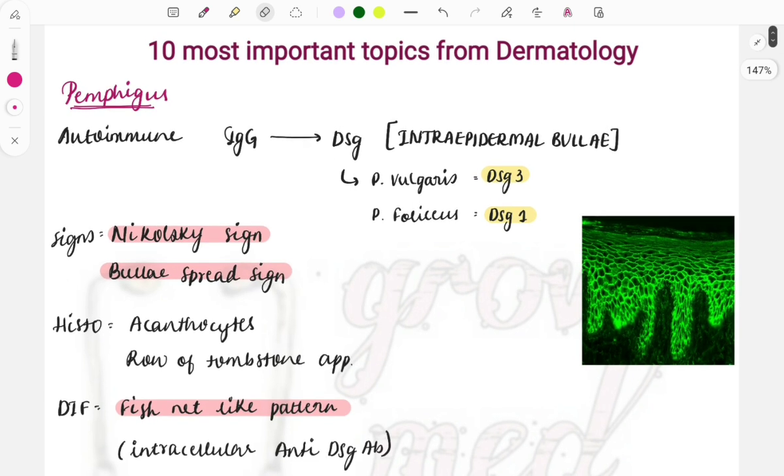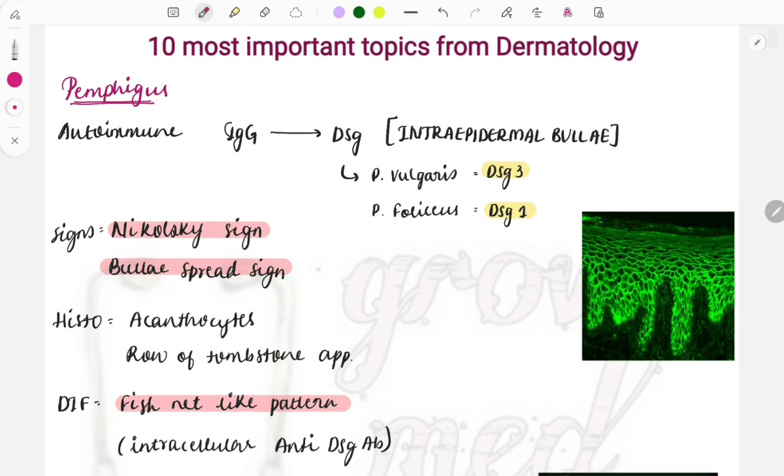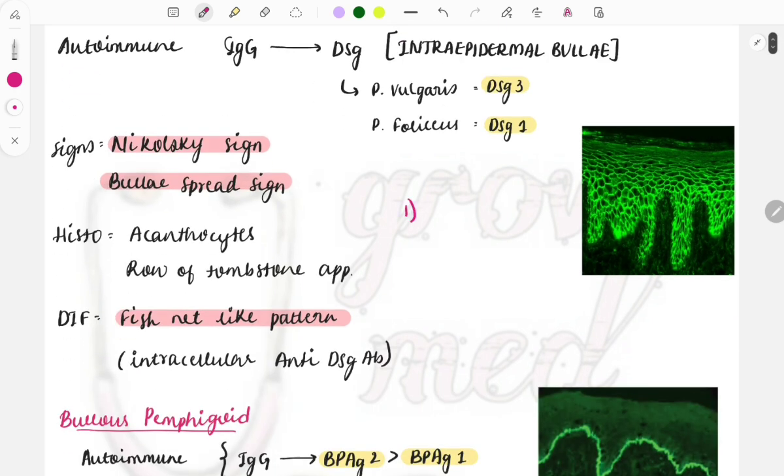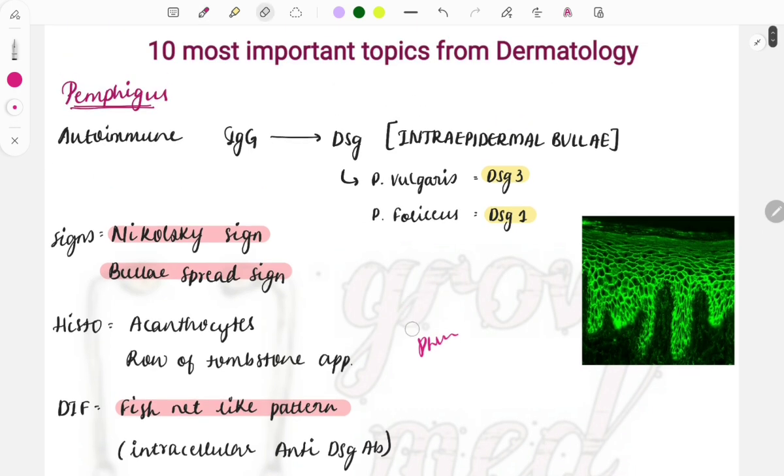So the first important topic is pemphigus, and make a note that in this dermatology exam, either there will be a question on pemphigus or pemphigoid. Okay, bullous pemphigoid or pemphigus, one question will be coming, and every year it has been coming.